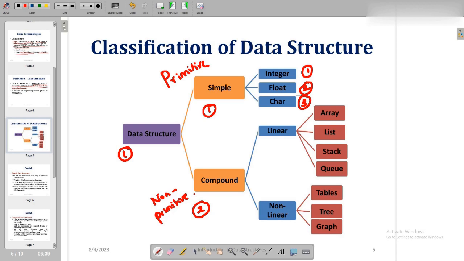Then the compound or non-primitive data structure is classified into two categories, that is linear data structure and non-linear data structure. Linear data structure is further classified into four categories: array, list, stack, and queue. Non-linear data structures are classified into more than three, that is tables, trees, graphs, sets, etc.